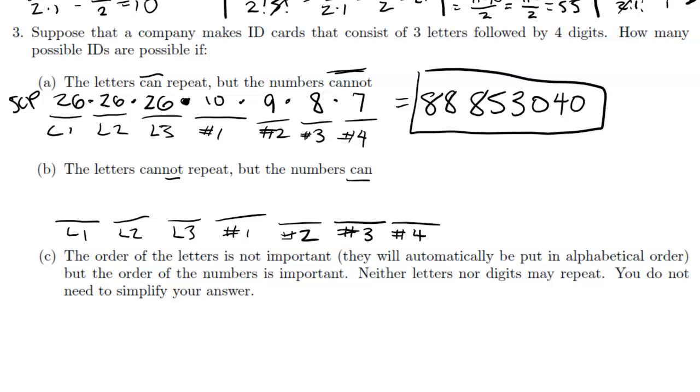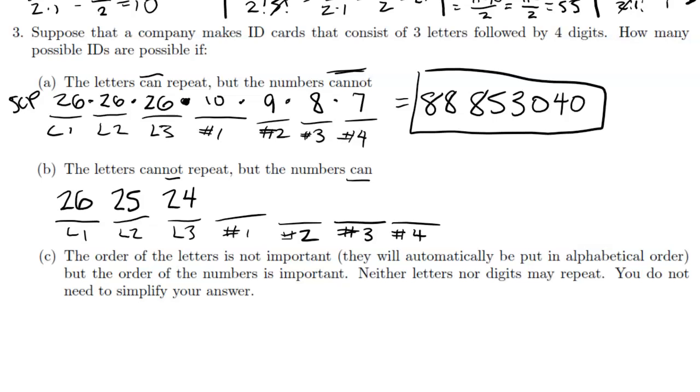So then let's fill in how many things we have for each of those. For the first letter, again, there's 26 letters in the alphabet, so all of those would be possible. Now this time the letters cannot repeat, so I can't use the same one. So now when I get to letter 2, I only have 25 options possible. And letter 3 would only have 24 possible.